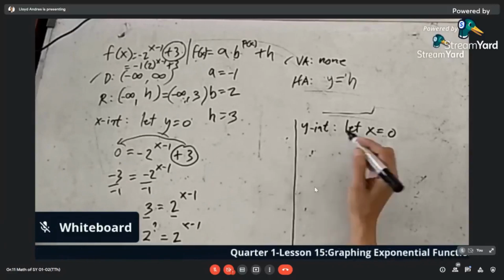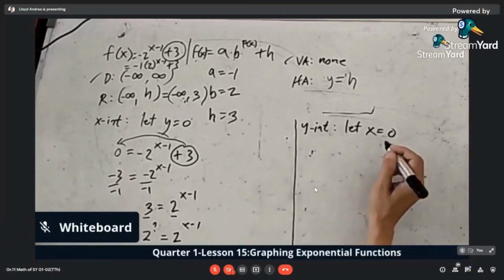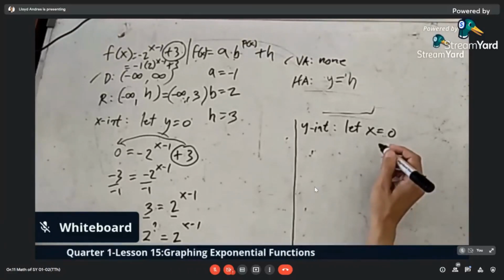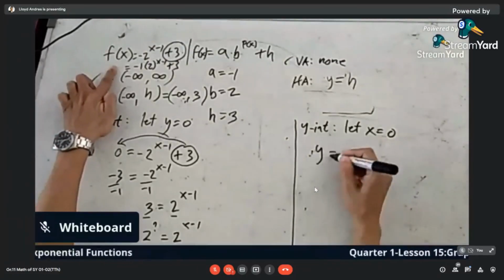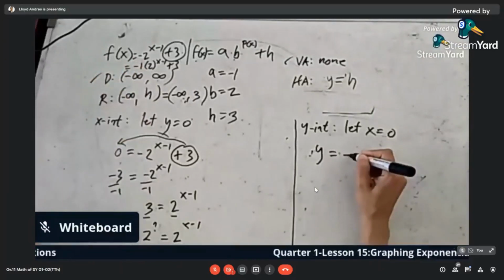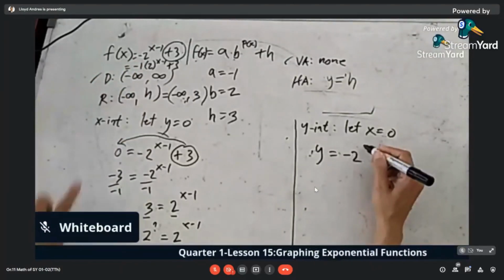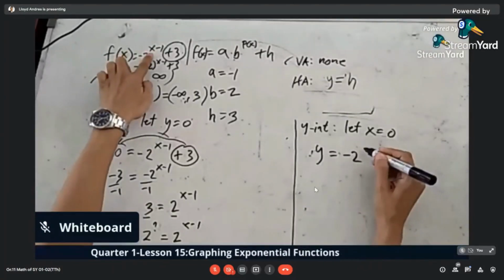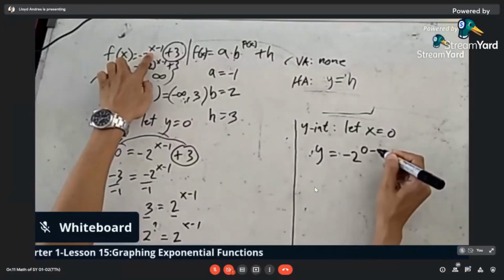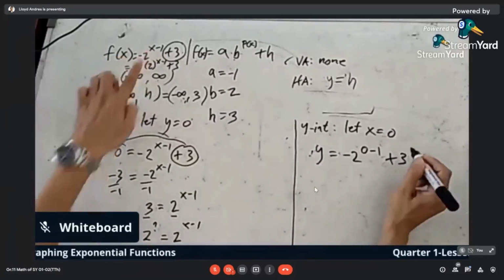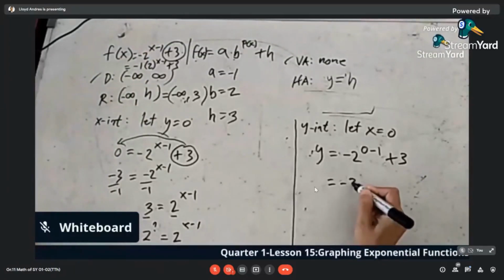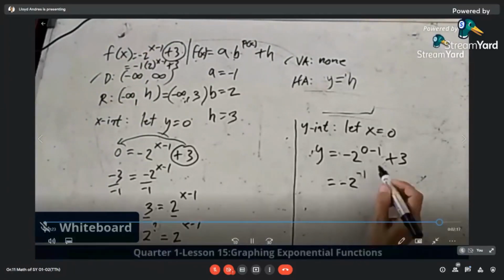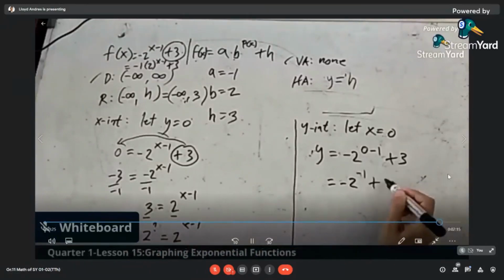So for y-intercept, let x equals to 0. So again, same gyapon kaning nga function is y nato na tapos negative 2 ang x nimo pulihan nimo 0 minus 1 plus 3. So ana. So we have negative 2 tapos negative 1. Kay 0 minus 1 is negative 1 plus 3.